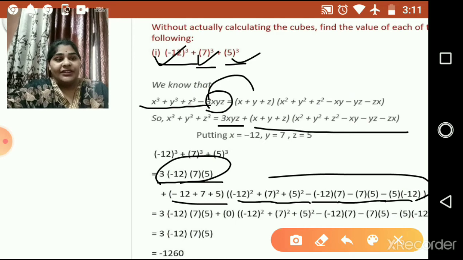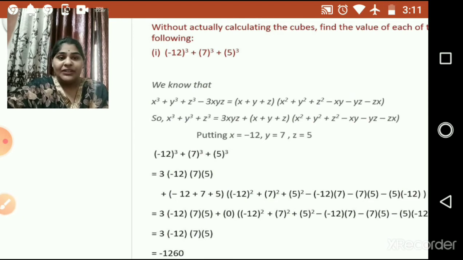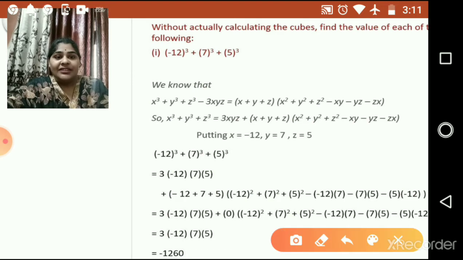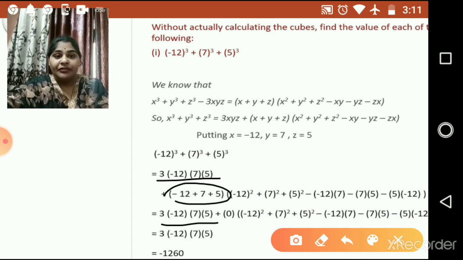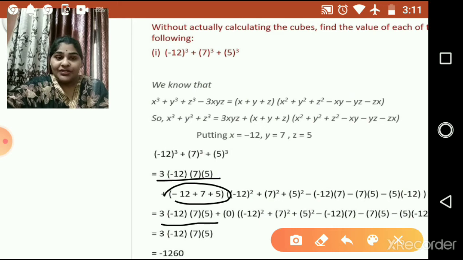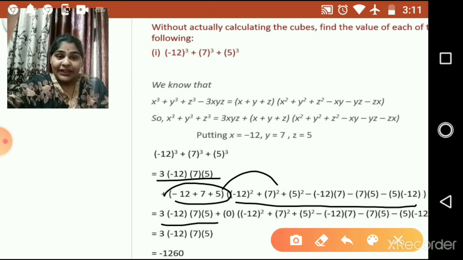Now after substituting, you have to solve all the brackets one by one, children. So that will be, you can see here, this is the same, okay, plus you will get here 0, that is you will get 7 plus 5, 12, negative 12 positive 12 will be 0, okay, and 0 multiplied by the whole bracket will again give you 0.